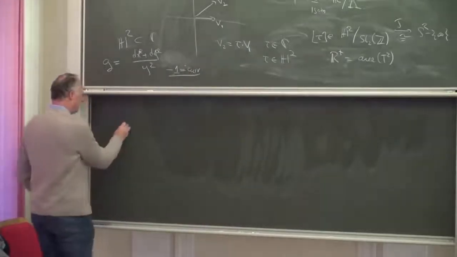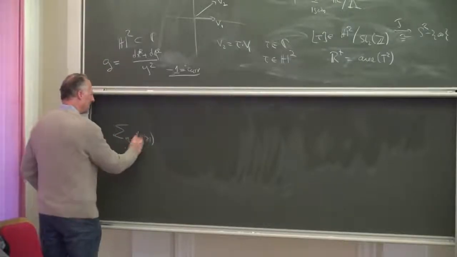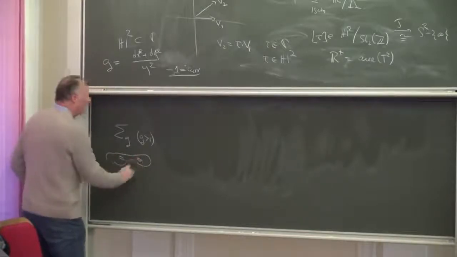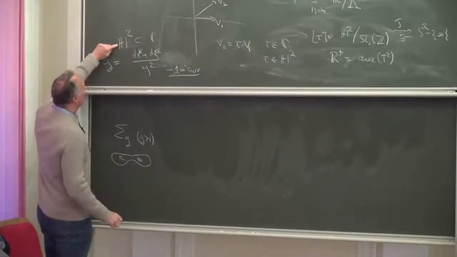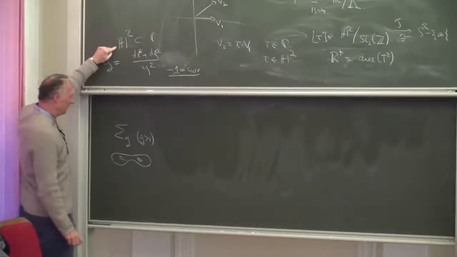And it turns out if you have a surface of genus greater than 1, two or more holes, it has a metric which locally is isometric to this metric on the upper half plane, the Poincaré metric on the upper half plane.